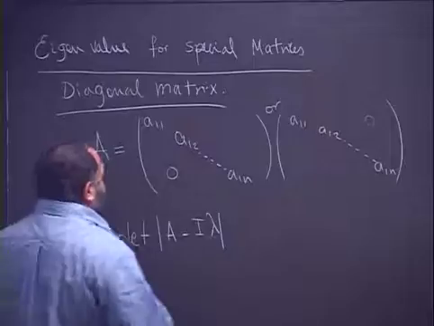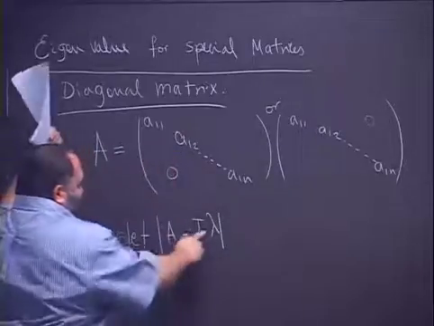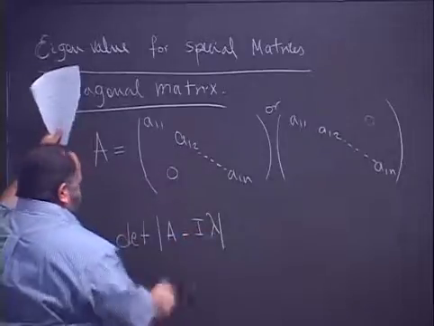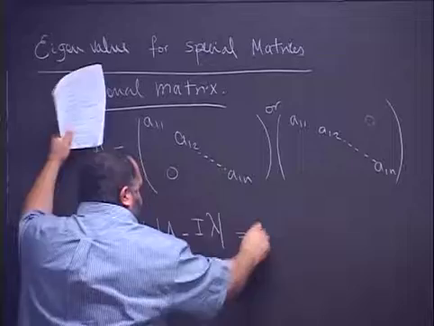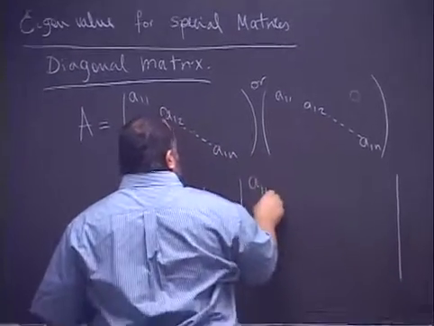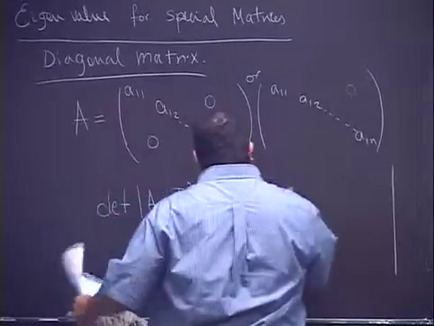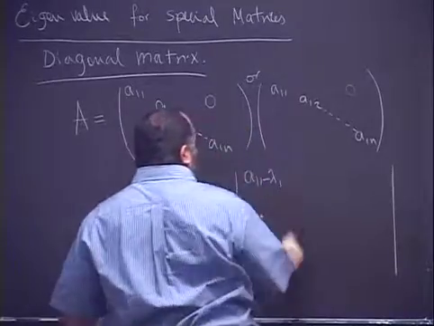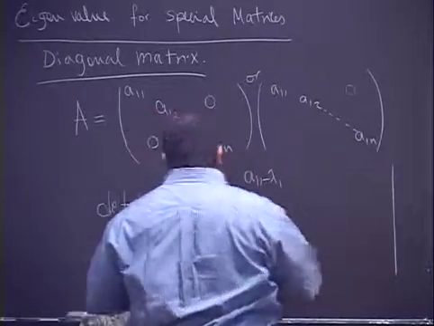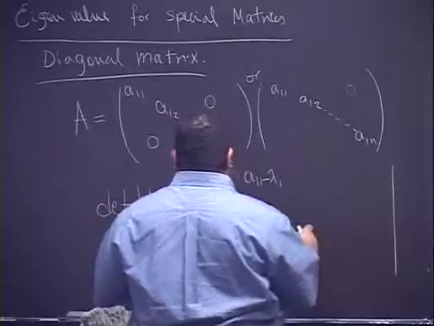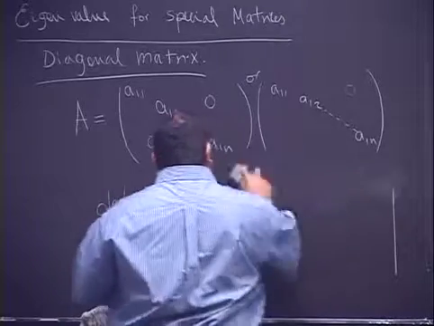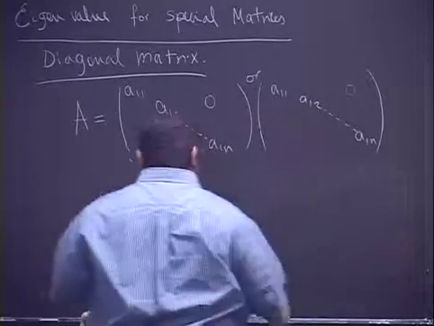So in this case, if you substitute here with A minus lambda I, you will notice that you will get the following matrix. This will be the determinant here, and this is all zeros here. So you will get A11 minus lambda, and so on. Let me give you the final result directly.